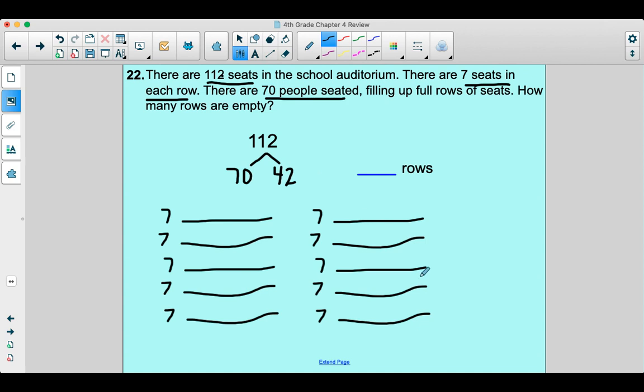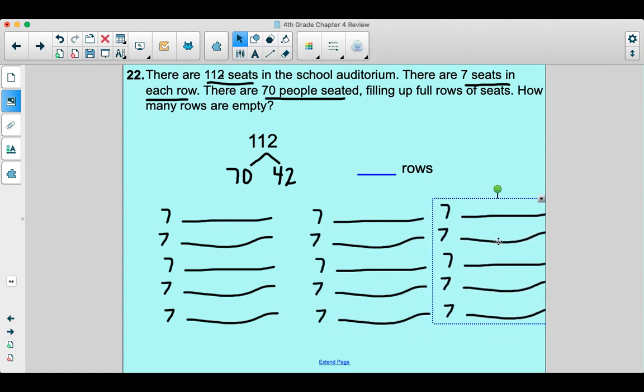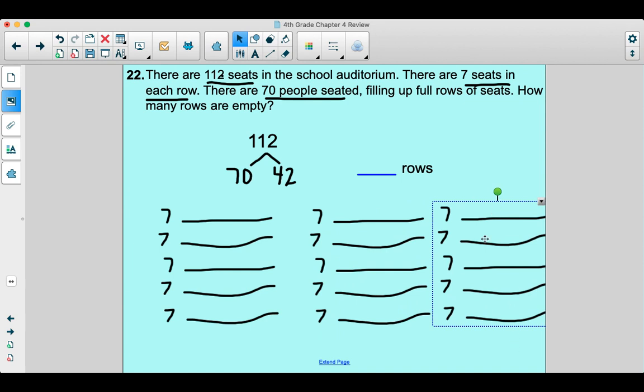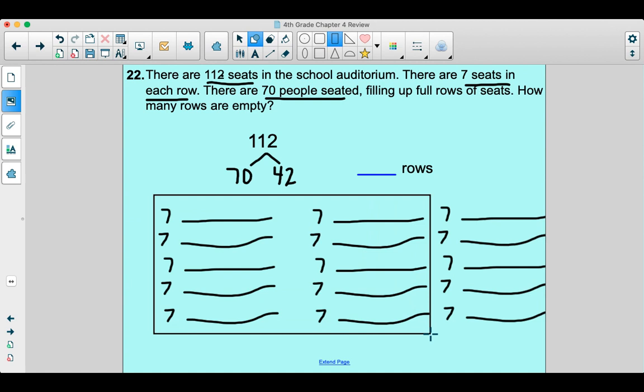Right? So 7 times what is 42? 7 times 6, right? So we would need to think about, we've got all these people that still need to get into these seats here. And then, let me put a rectangle around it. These are filled.